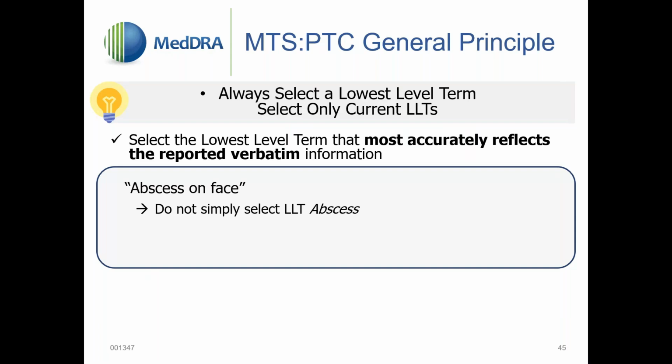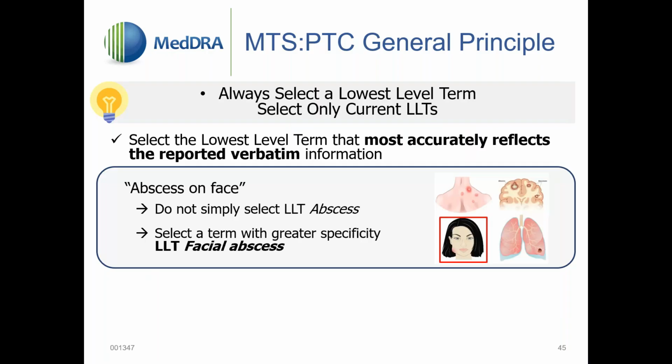This verbatim should not be coded to just abscess, because it is medically relevant to also capture the manifestation site, because it could be an abscess in the brain, abscess in the lung, whatsoever. So we would select LLT facial abscess in order to capture as much information from the report as we can.